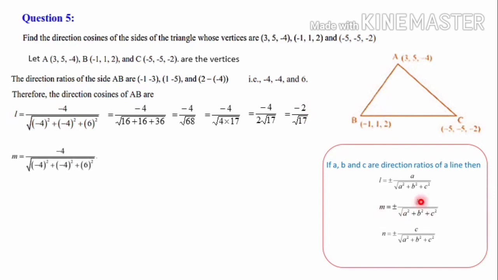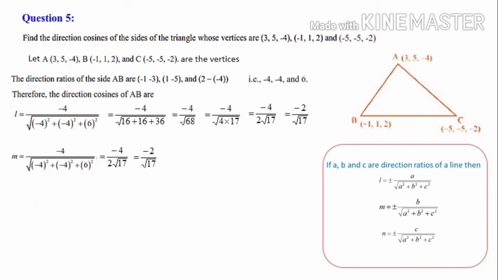m is equal to b by root of a square plus b square plus c square. b is here -4. So -4 divided by root of a square plus b square plus c square, which is already calculated and kept here, 2 root 17. So directly we can substitute, no further calculation: -4 divided by 2 root 17, and the final answer is -2 by root 17.